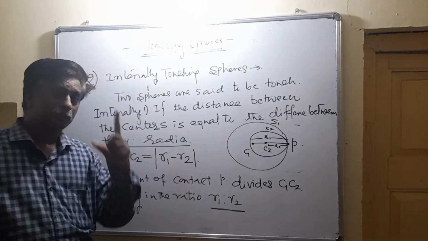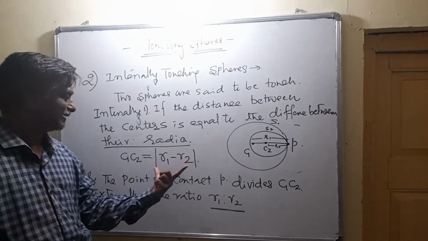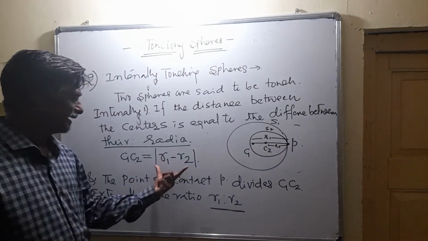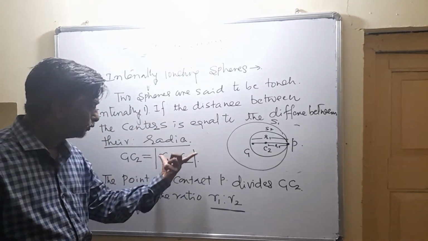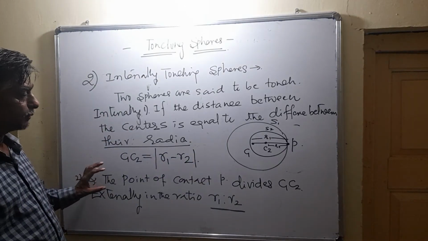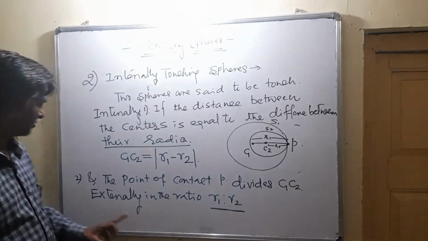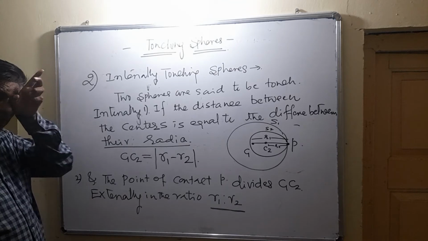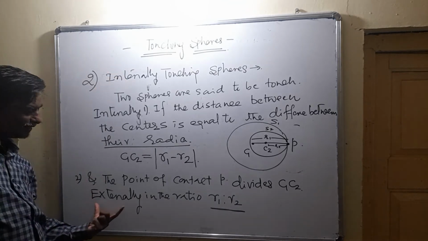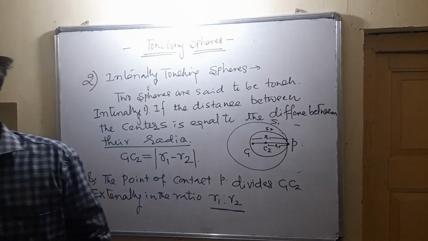This difference must be positive because this is a distance. That is why I am putting modulus. Then the point of contact P divides C1C2 externally in the ratio R1 is to R2.